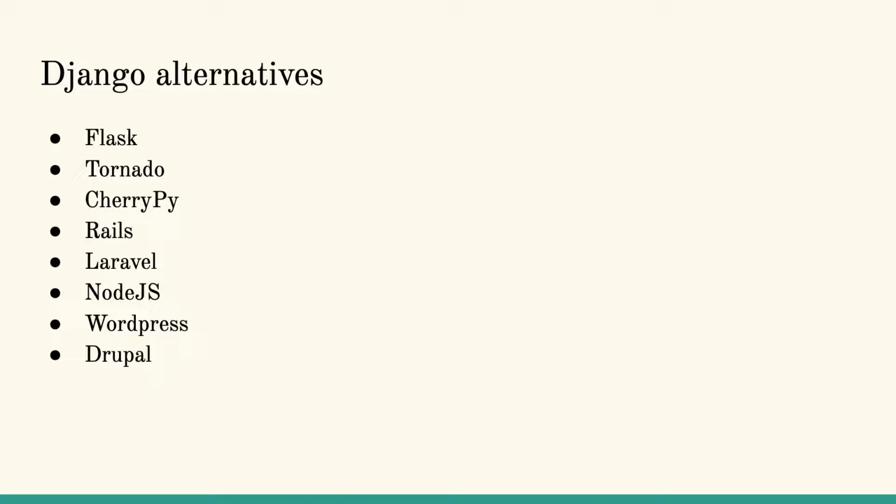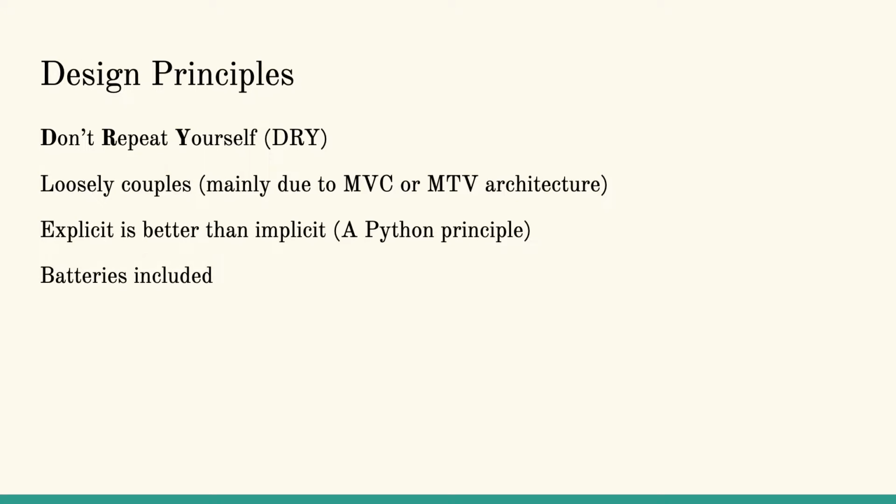There are many more like this, and if you look at some other languages, you still find alternatives to Django in those languages as well. So this market is crowded, but Django has its own way of doing things. Django's design principles include don't repeat yourself, meaning if you define something, you try to utilize that everywhere.